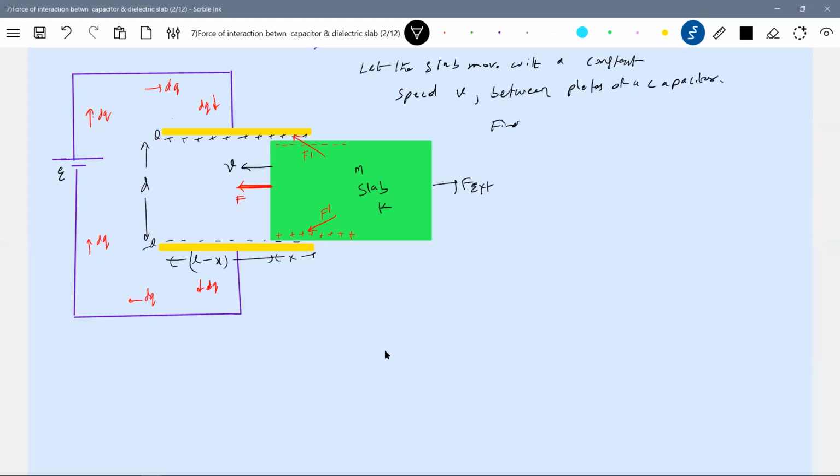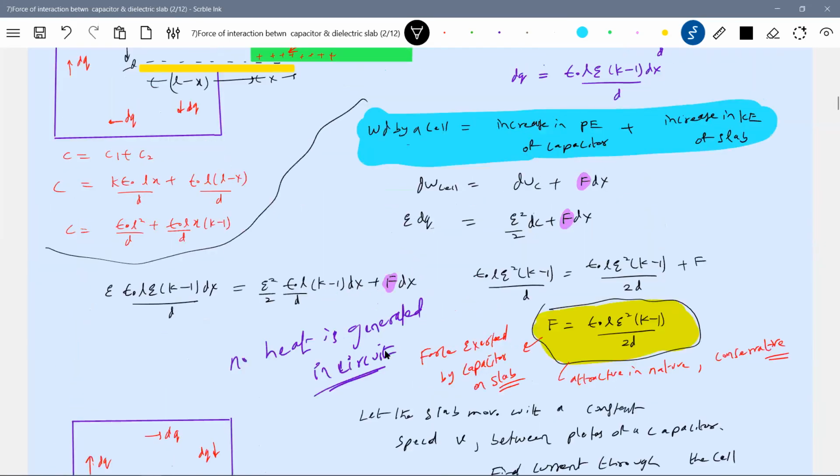Find the current through the cell. How to get that? I have enough theory covered.